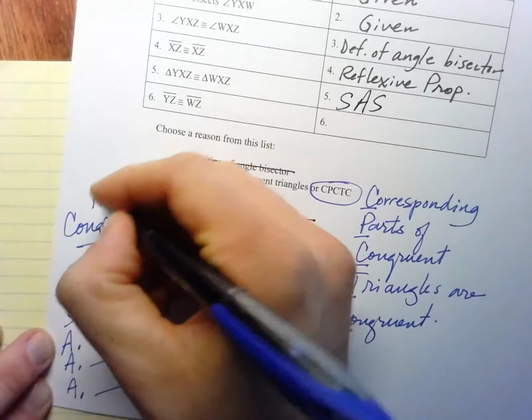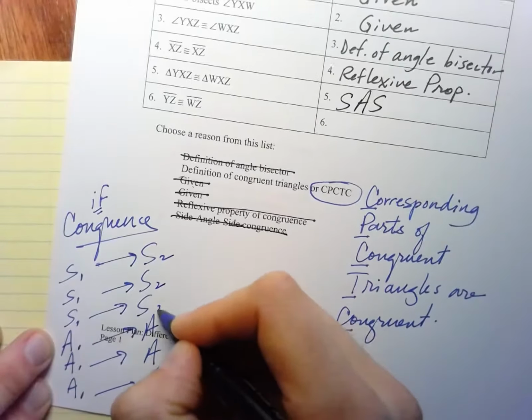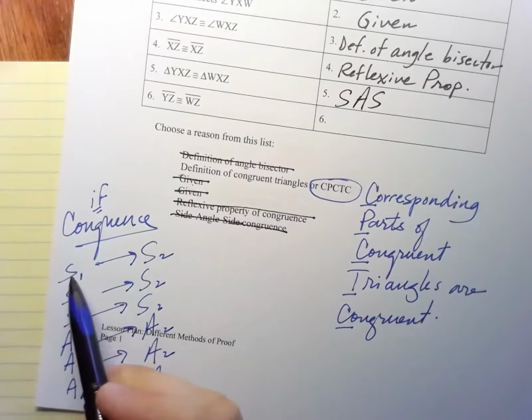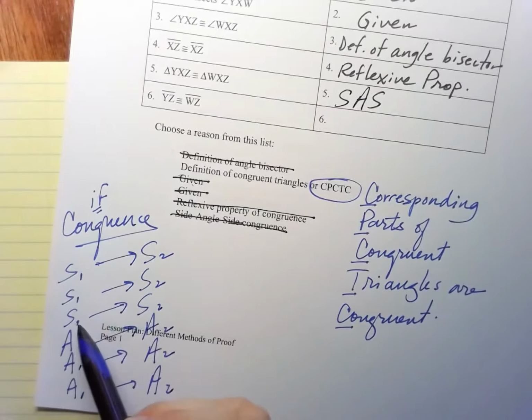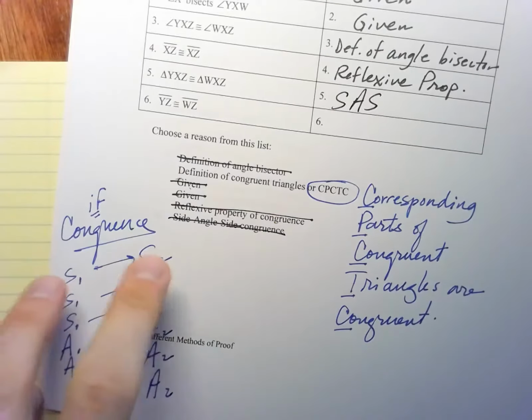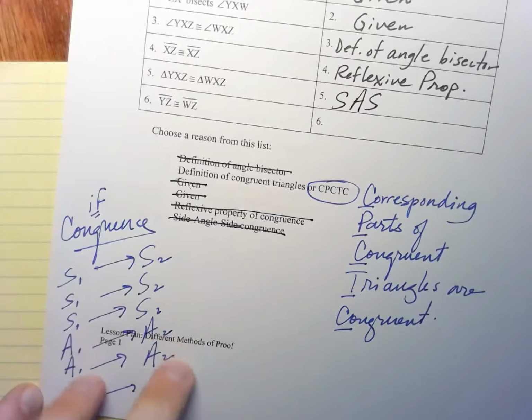And this is if congruent, then you have all of these things in the second triangle, and there is 1 for 1. Each side has a corresponding side in the other triangle that's congruent for all three sides and all three angles. Okay? So if you have congruence in triangles, then you have a corresponding part in each triangle that are congruent. And these are individual pieces. These are the three sides and the three angles.